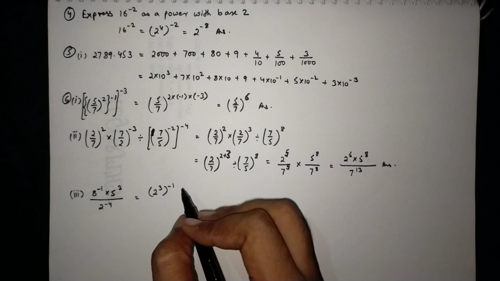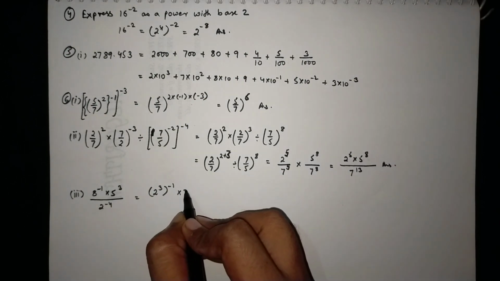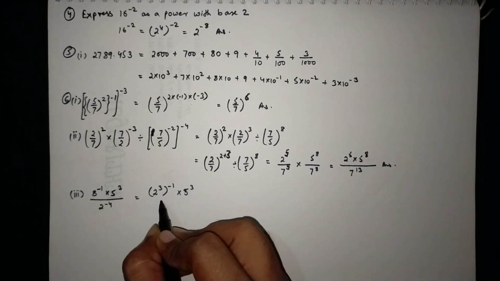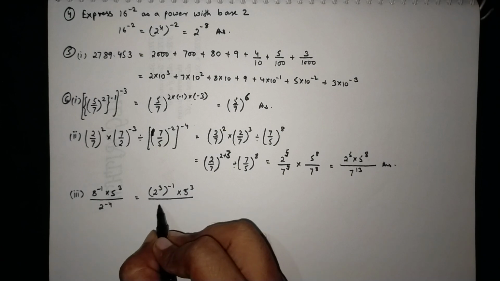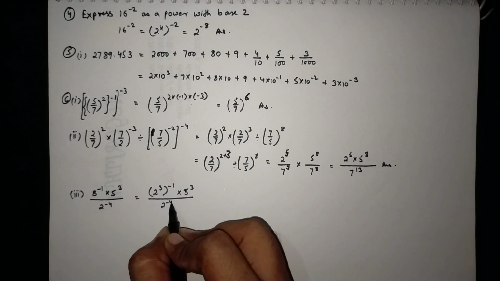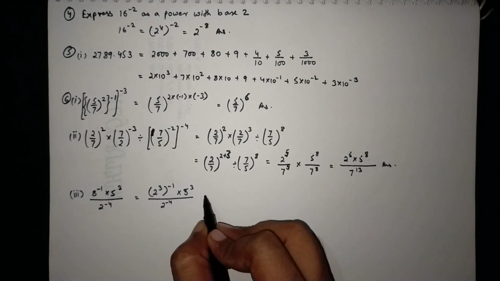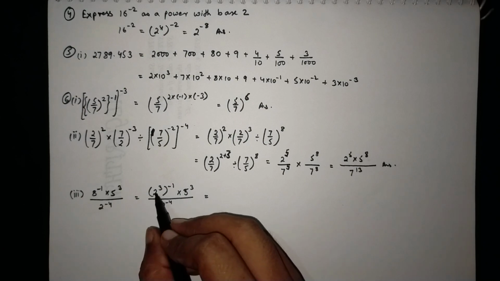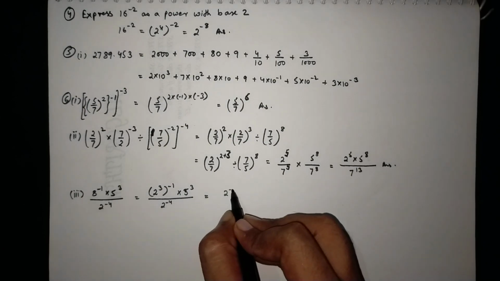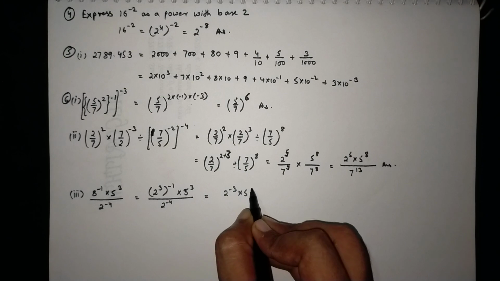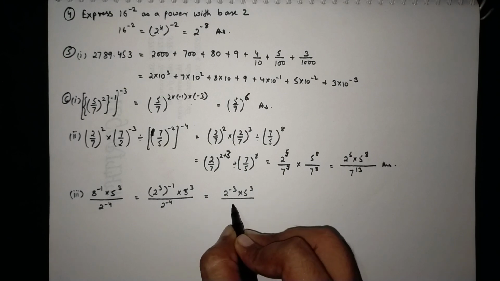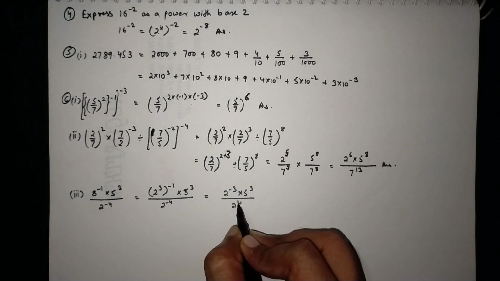Then 5 to the power 3 upon, this will be 2 to the power minus 4 only. Now we can write this one as 2 to the power minus 3 into 5 to the power 3 upon 2 to the power minus 4.